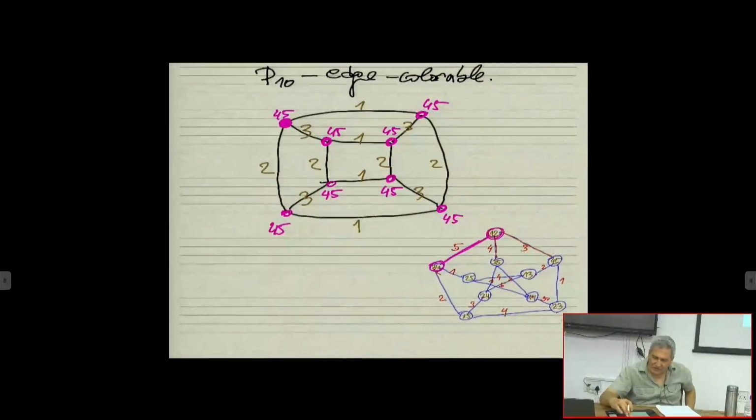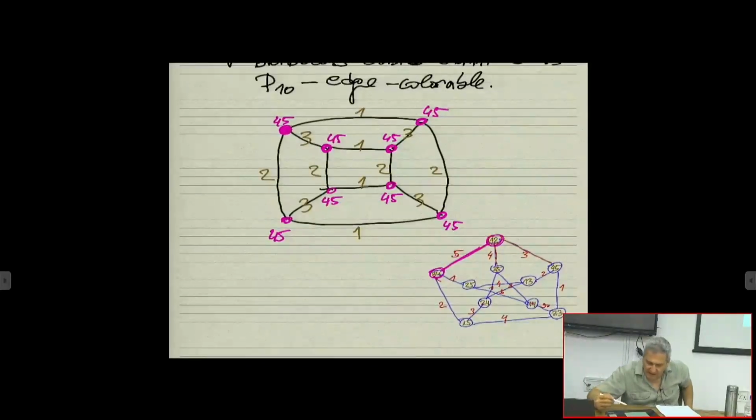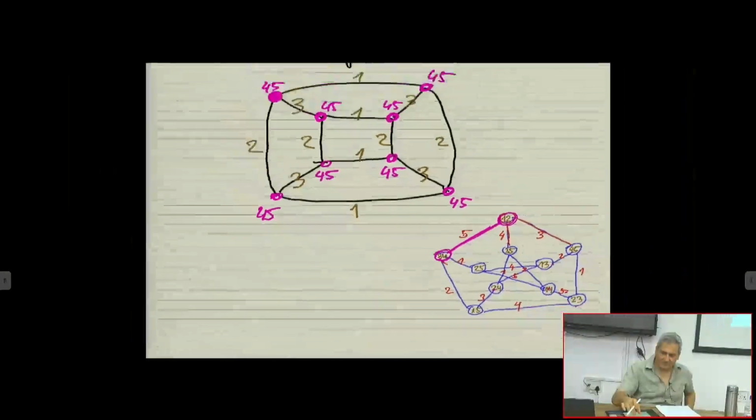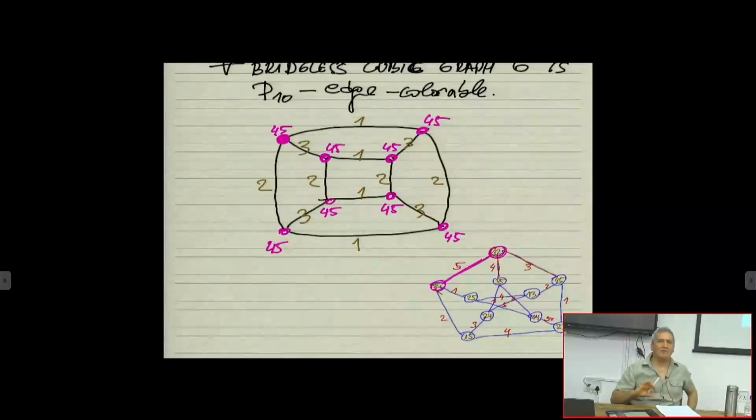At vertex 4, 5, where is 4, 5? This is 4, 5. I have 3 edges, color 3, color 2, color 1. So I will map all my vertices of the hypercube into the vertex 4, 5 of Petersen, and I will color 1, 2, 3, 1, 2, 3, 1, 2, 3, 1, 2, 3.